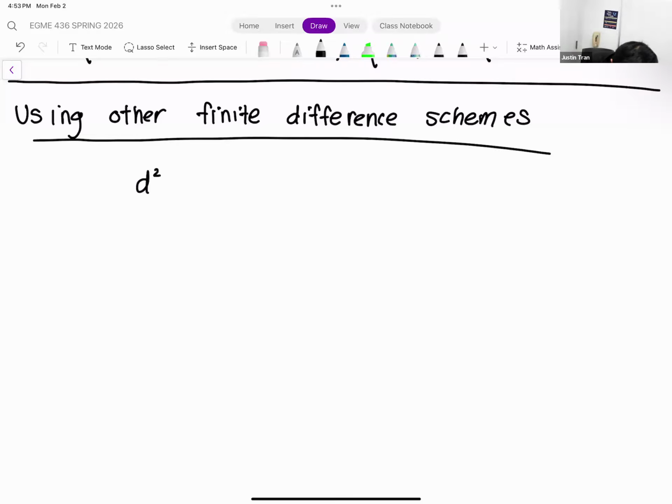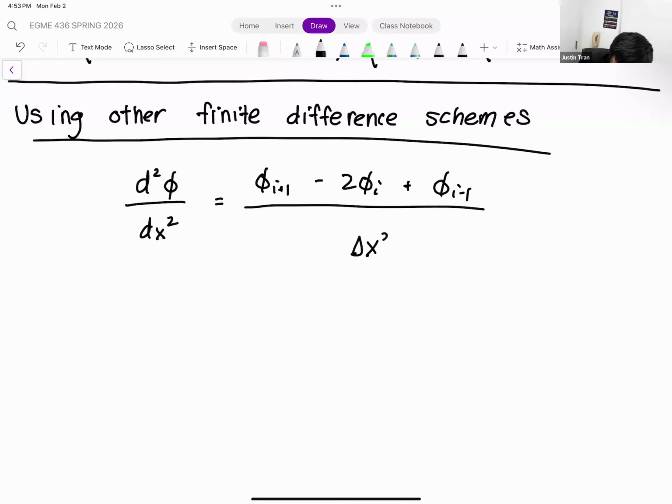So in the last example, we used the classical central difference scheme for second order derivatives, which was phi I plus 1 minus 2 phi I plus phi I minus 1, all divided by delta x squared.